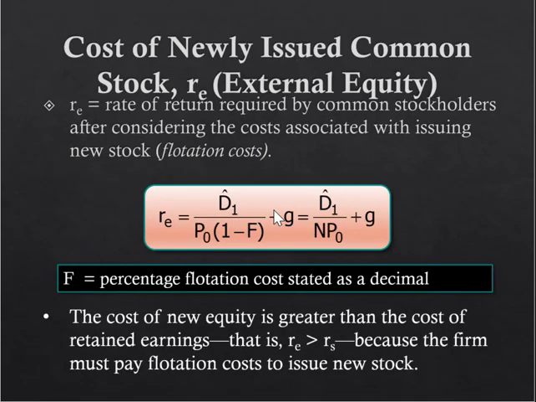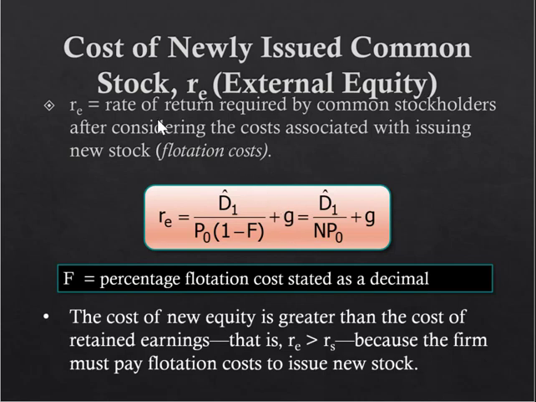The cost of newly issued common stock, for external equity. Similar to preferred stock, you're going to be looking at dividends and flotation costs, but you also have the growth rate because it's expected that the firm will grow over time.